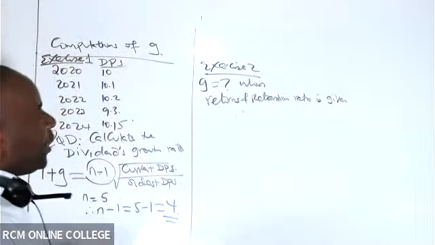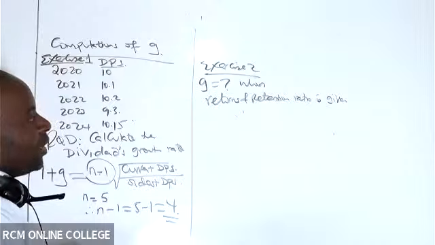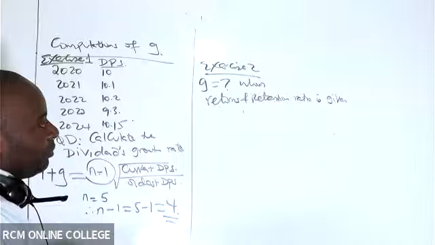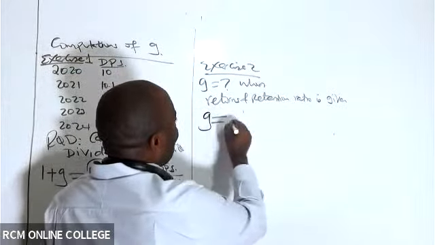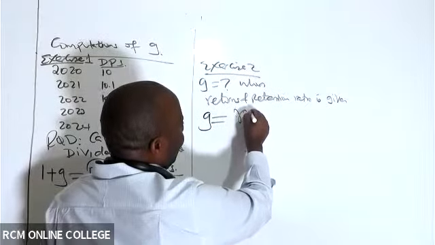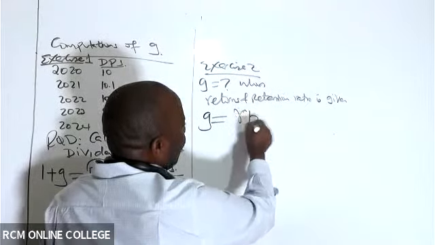So exercise 2: how do we get growth when returns and retention ratio are both given? To get this, we normally say growth rate equals R and B, RB.